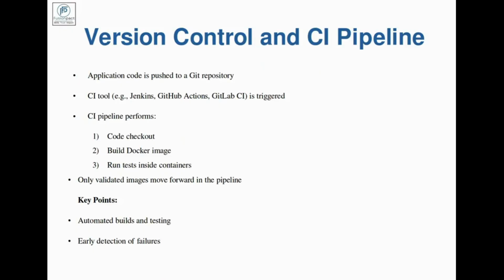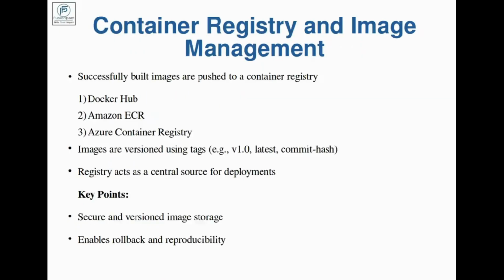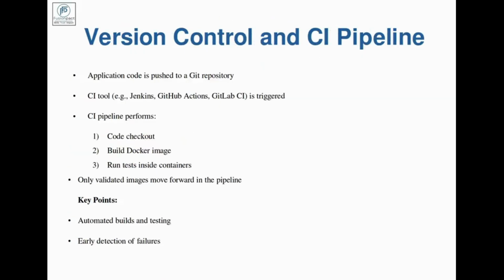After checking out the whole code, it will check for the Dockerfile at the root of the repo. That Dockerfile is used by the Jenkins server to build an image, and then run containers from those images. So it's just a basic step.